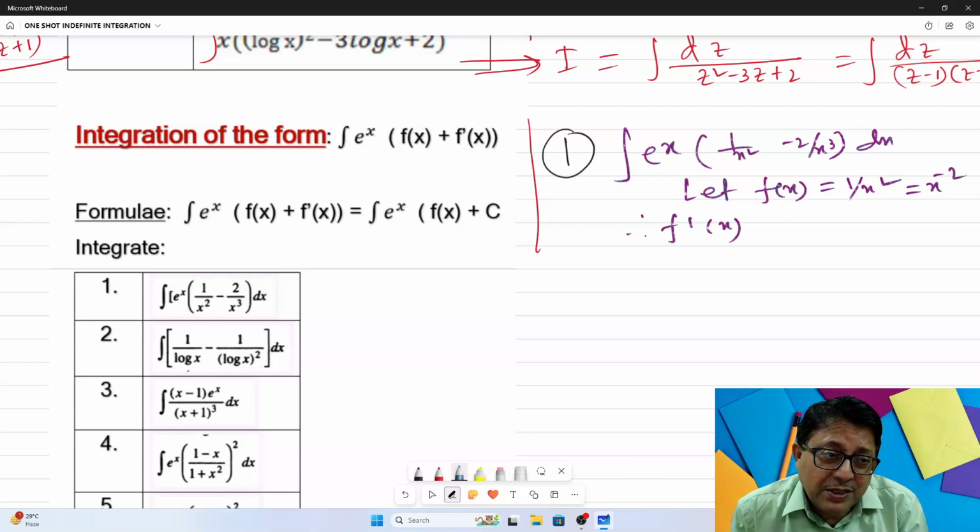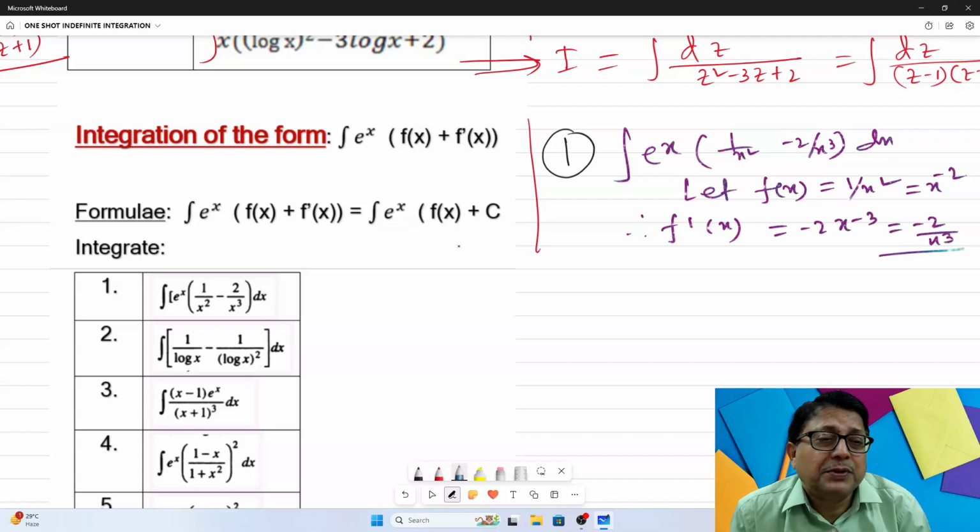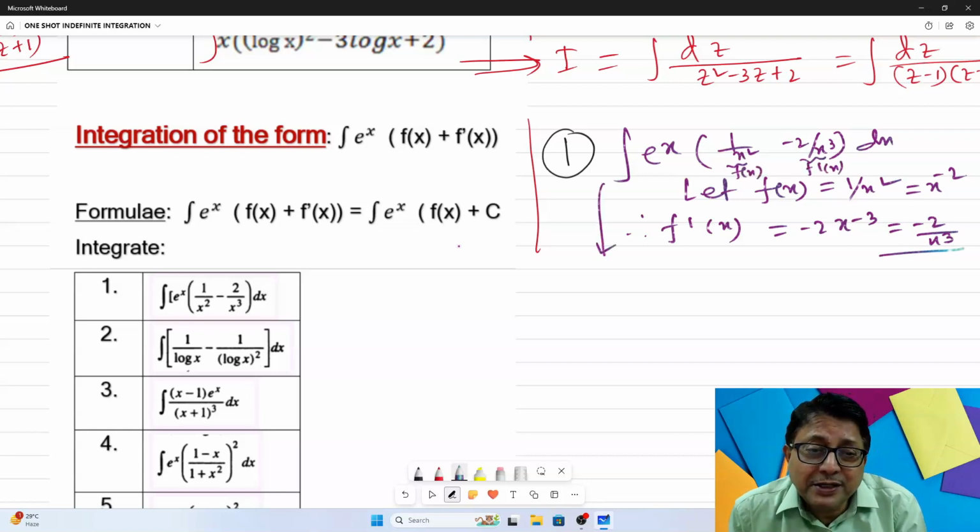So f dash x is what? Minus 2 by x cube. So if this part is fx, this part is f dash x, you can integrate easily. Answer is e to the power x fx, so this will be e to the power x 1 by x square plus c.